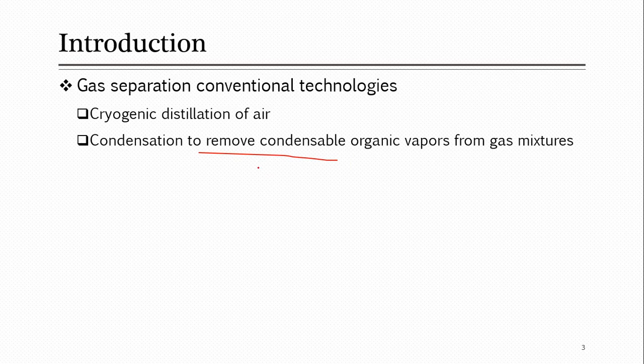And in that condensation, you have to increase the pressure or decrease the temperature, and most of the time this decrease in temperature is used, like you remove the heat and some part of the feed is condensed. Then you bring it to some separating unit, like either distillation or some stripping unit, or maybe you just give them some time for settling and they are separated based on gravity after this condensation.